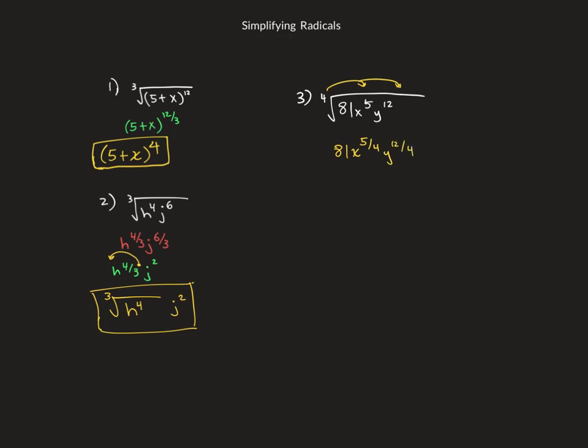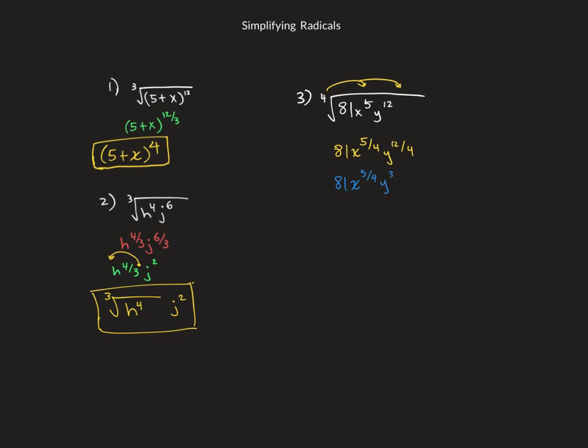Now we simplify our exponents as much as possible. So we will end up with 81, x to the power of 5 by 4 and then y to the power of 3.